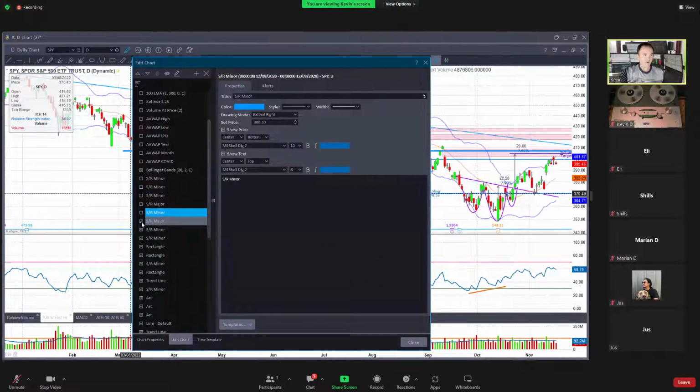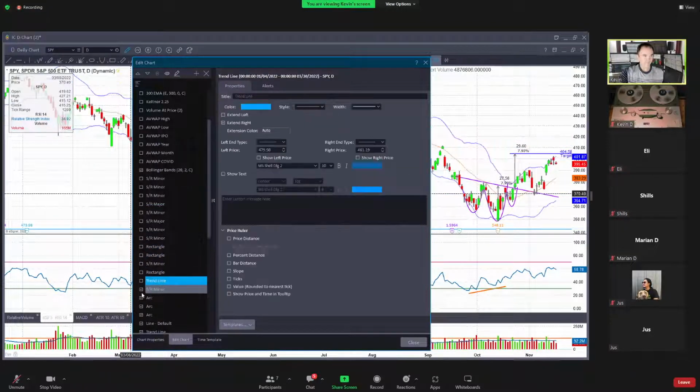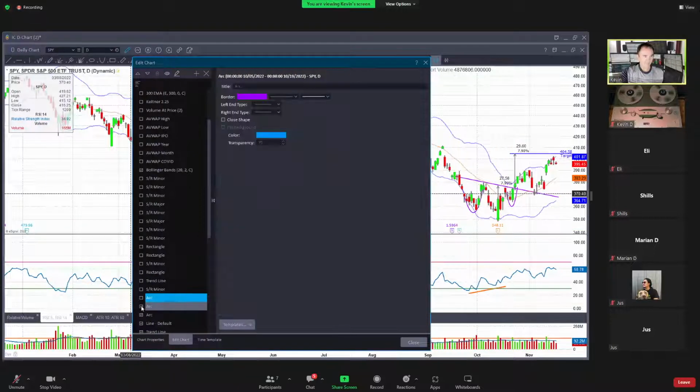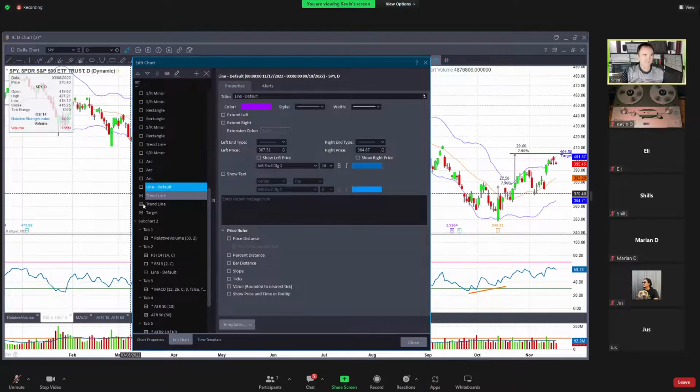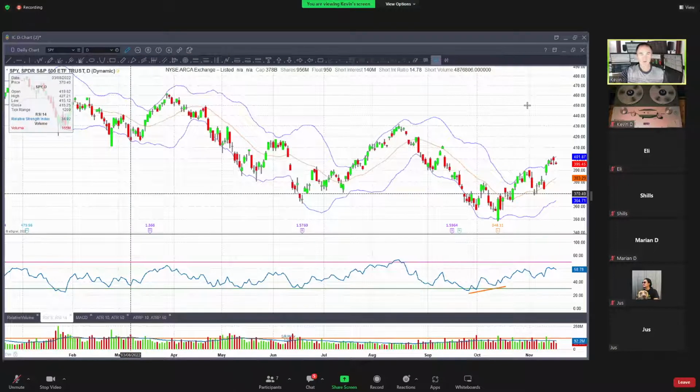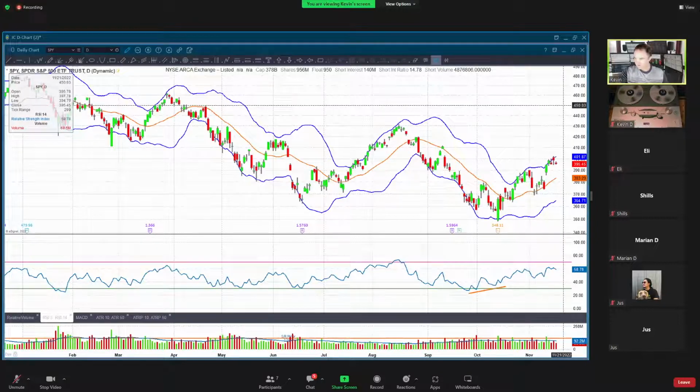So many lines on this chart. That looks better. Yeah, we can see that more clearly now. And where did my check go?